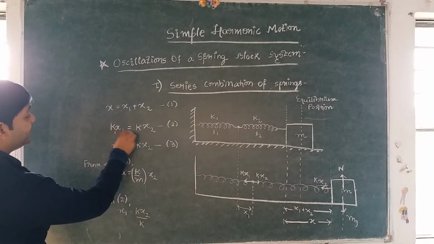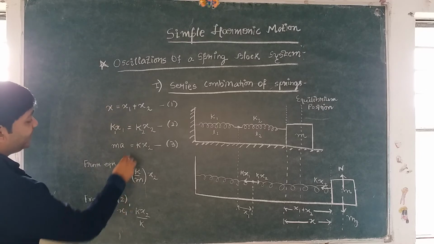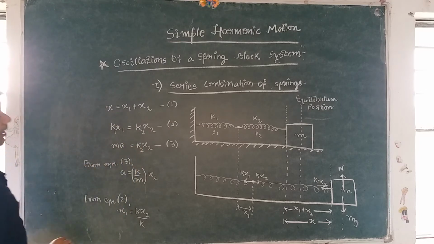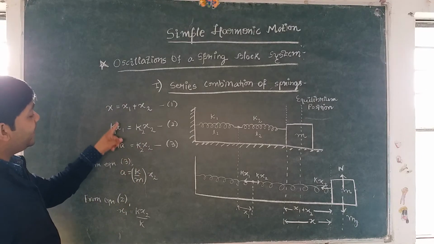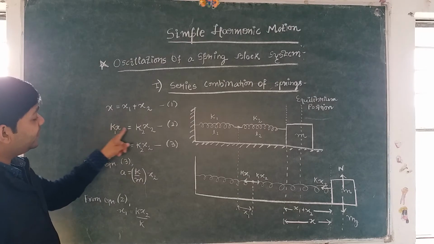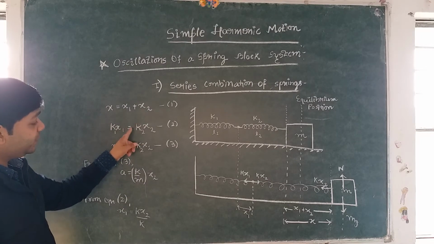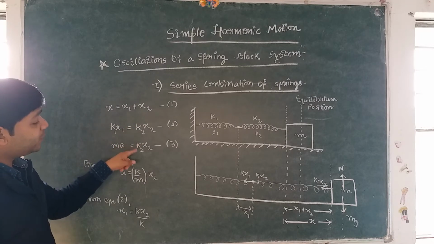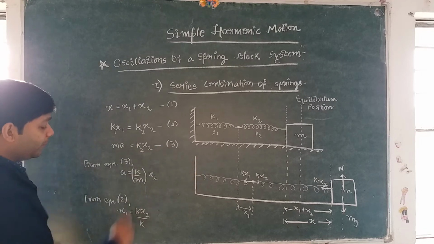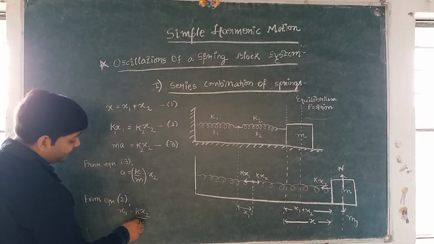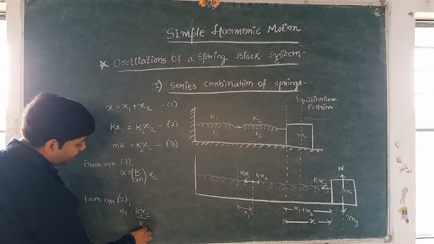Sorry, this is k1 and this is k2, right? And this is k2. I am so sorry, please correct this. Here this is the spring constant of spring 1 and this is the spring constant of spring 2, and here we will have spring constant of spring 2. I hope you have understood this. So here we will have k2 x2 upon k1.